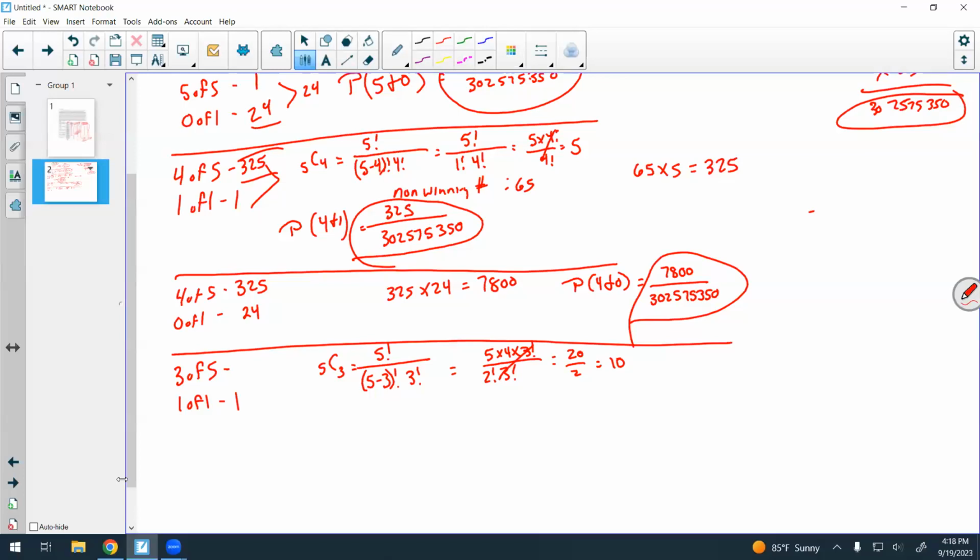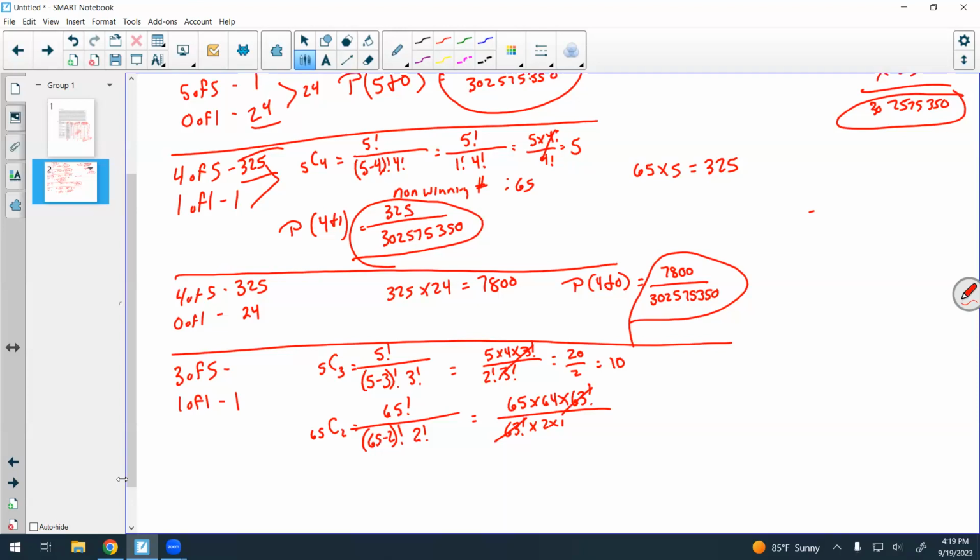Now, how many ways can I get 2 non-winning numbers out of the 65 non-winning numbers? So that's the same setup. Not too difficult. 65 factorial over 65 minus 2 factorial, 2 factorial. 65 times 64 times 63 factorial over 63 factorial and 2 times 1. So these cancel.